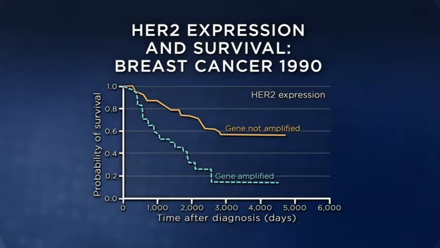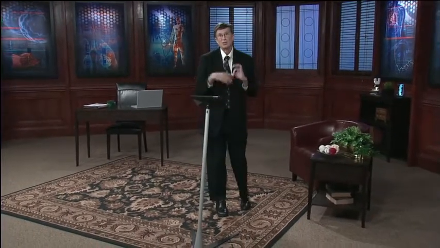And you'll note the date, 1990, because I put in that date for a reason, because in the 1990s, a drug was developed to essentially treat overexpressing HER2 breast cancer. The drug is called Herceptin. I'll describe later on how it works, but essentially it binds to the receptor and prevents the receptor from doing its thing.